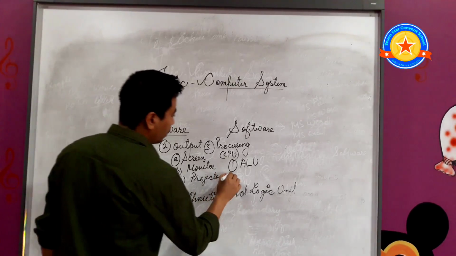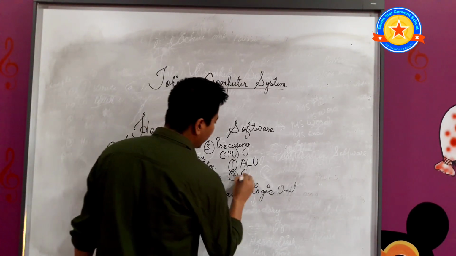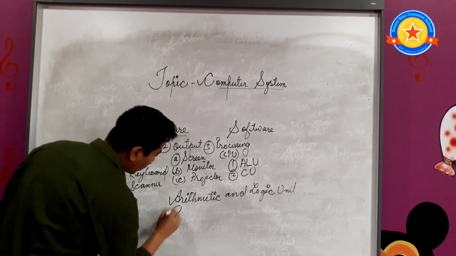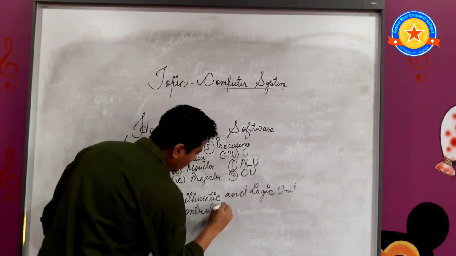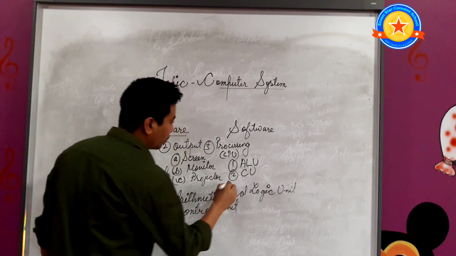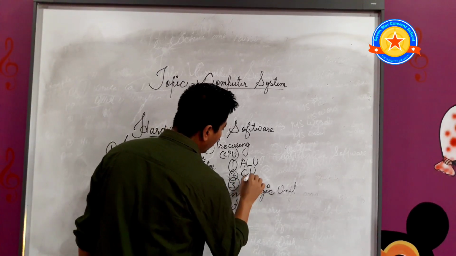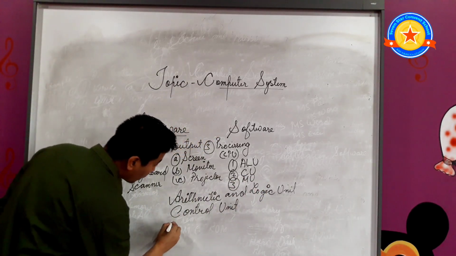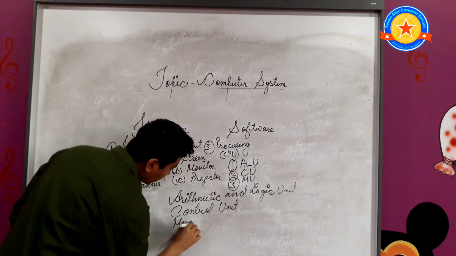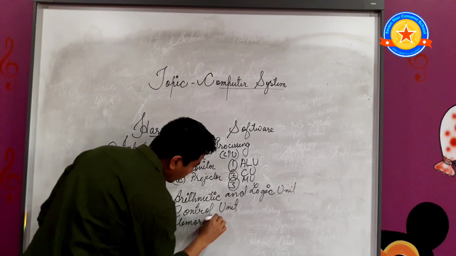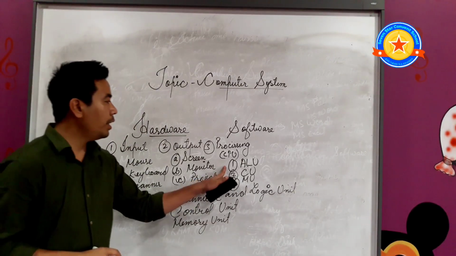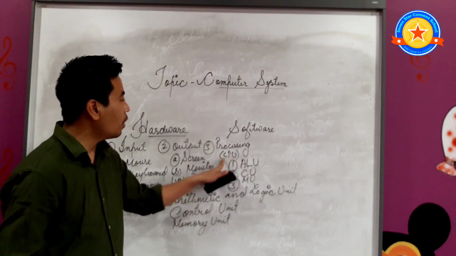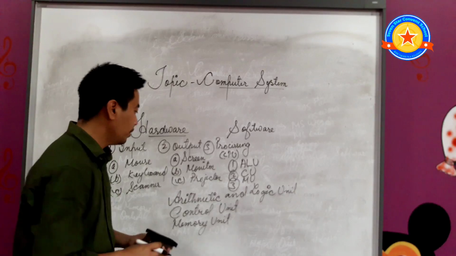Number two is CU. CU stands for control unit. And number three is MU. MU stands for memory unit. These three are the parts of the CPU.